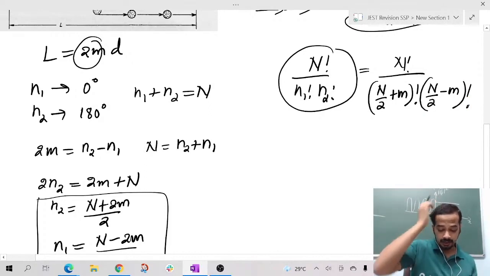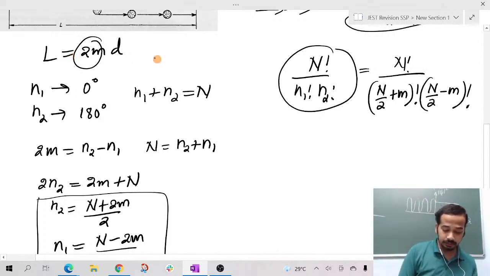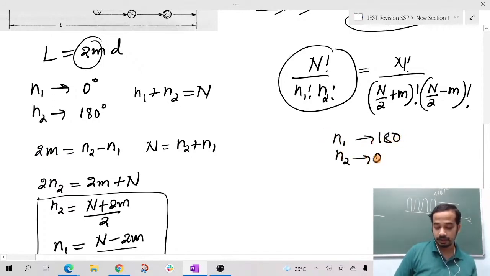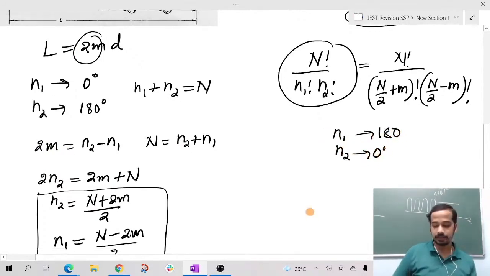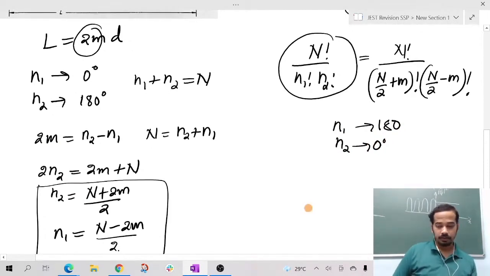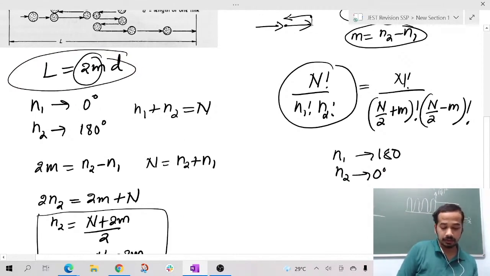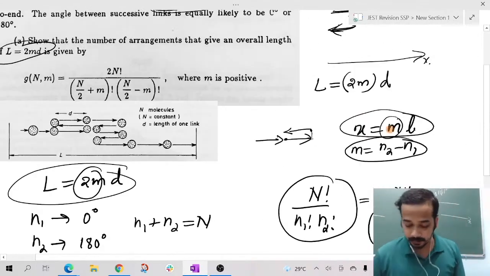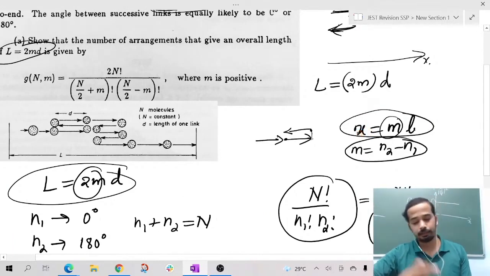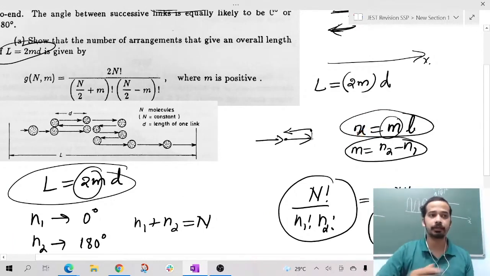Look here. Actually, the length should be written like this. Again, in place of this 2m, suppose n1 links are 180 degree and n2 links are 0 degree, then also the net displacement is the same. Just as in the random walk problem, you can have net positive displacement or net negative displacement, am I right?